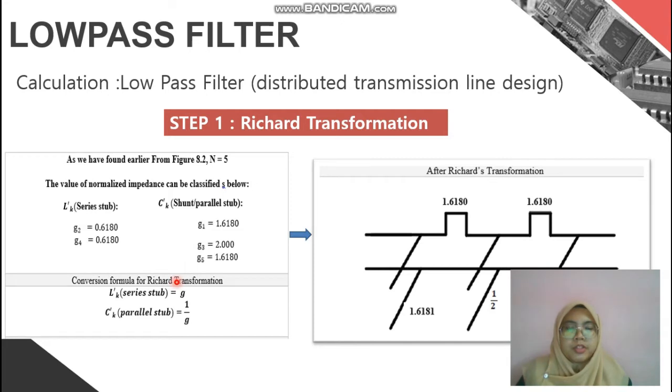The conversion formula for L is just to take the G value, and for the capacitor, take 1 over G, for example 1 over G1, and then we get the result like this after the Richards transformation.